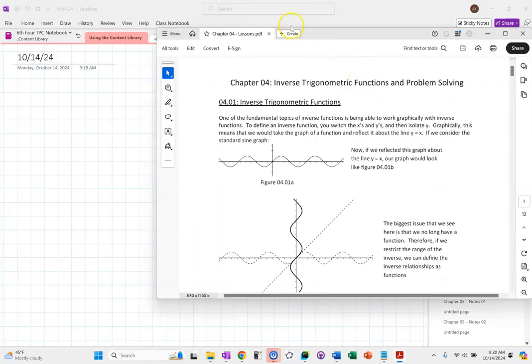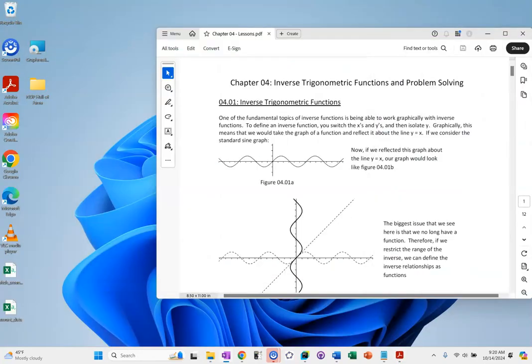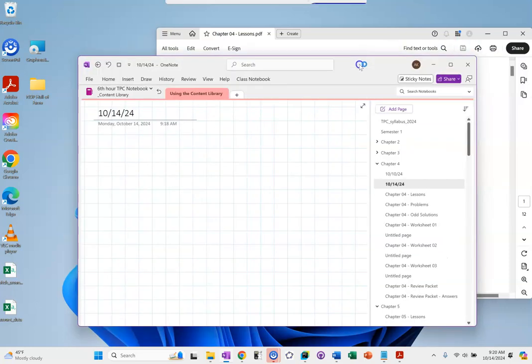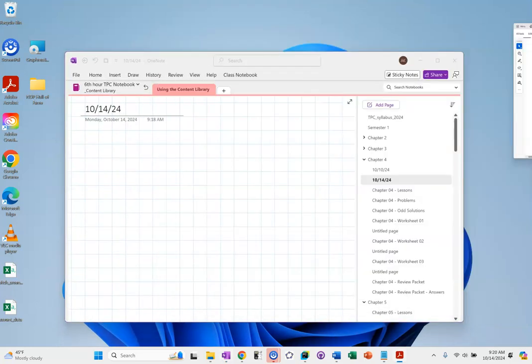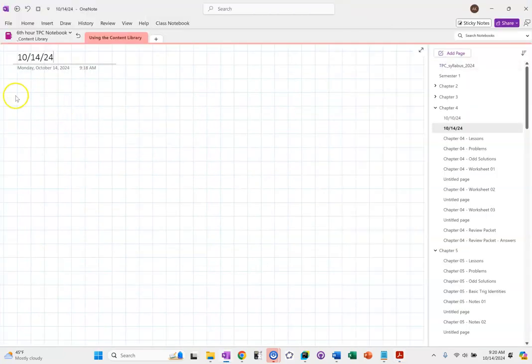So the plan for today, oops, gosh darn it, I'm having such a hard time with my windows. We'll start with some questions. I think last time I'd given you guys 2 worksheets to work on, worksheets 1 and 2, right? Bless you, all of you.